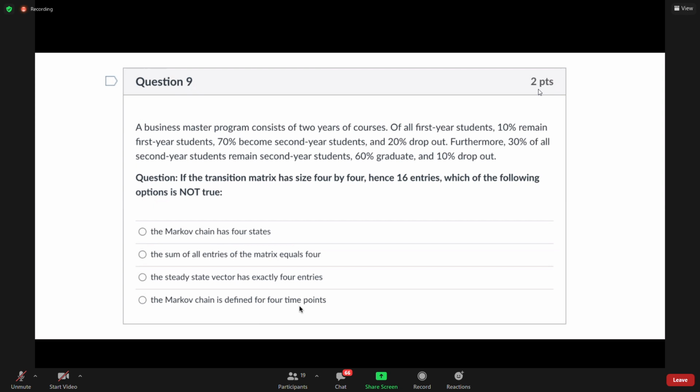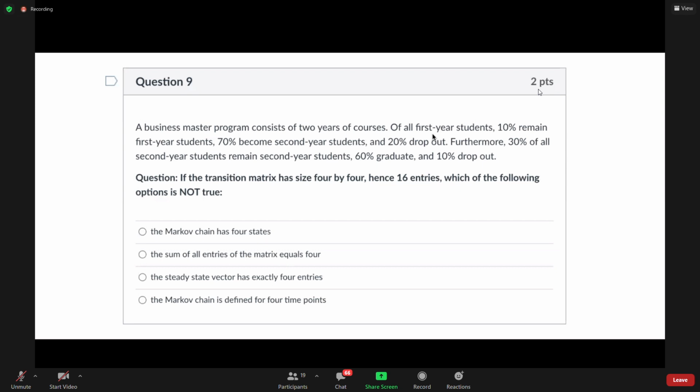That V goes from V0, which is the initial state, until V1, V2, Vn, and that n of the vector represents the time point in which we are with our matrix. So this is why this is the only option that is not true. All of the others are true.